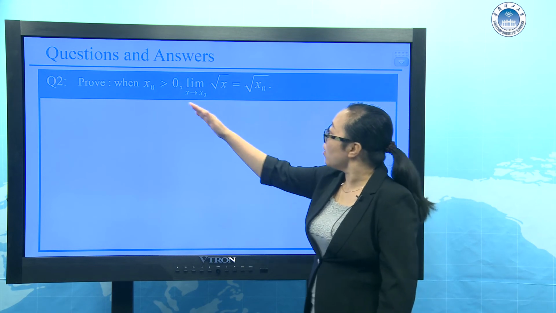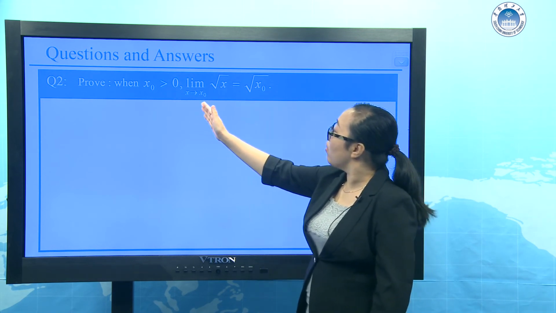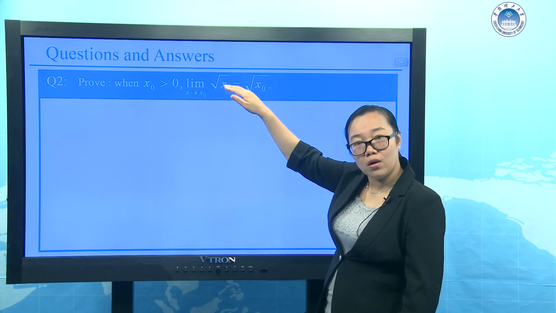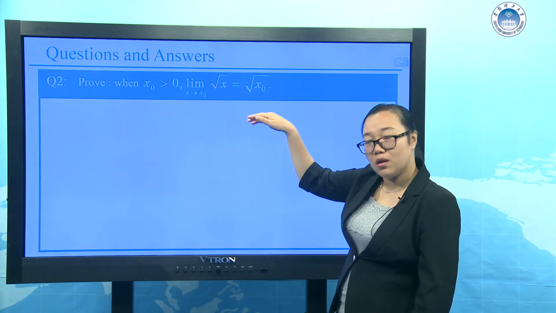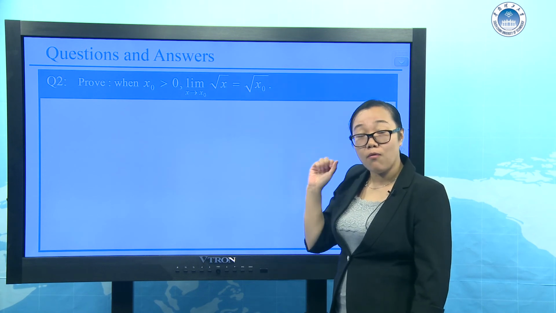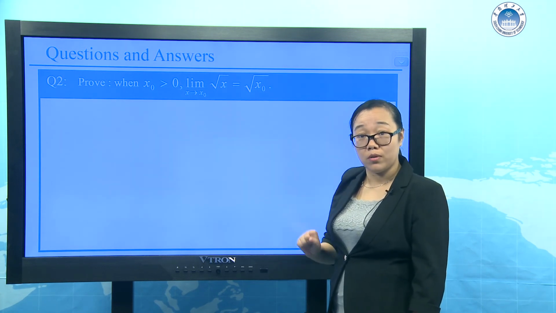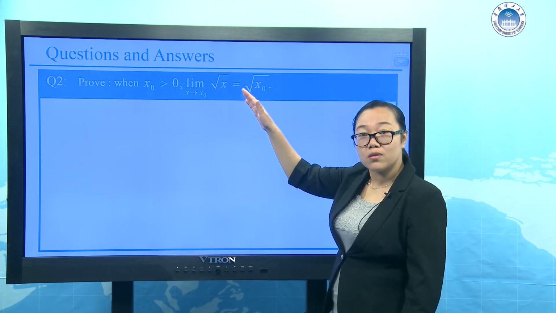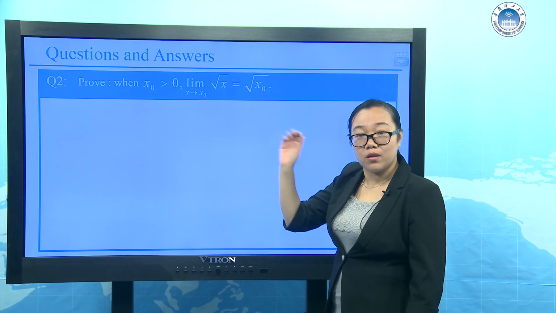Prove that if x0 is greater than 0, the limit as x tends to x0 of the square root of x equals the square root of x0. Look at the given condition. Why is x0 a positive number? Because of the square root of x, x must be a non-negative number.